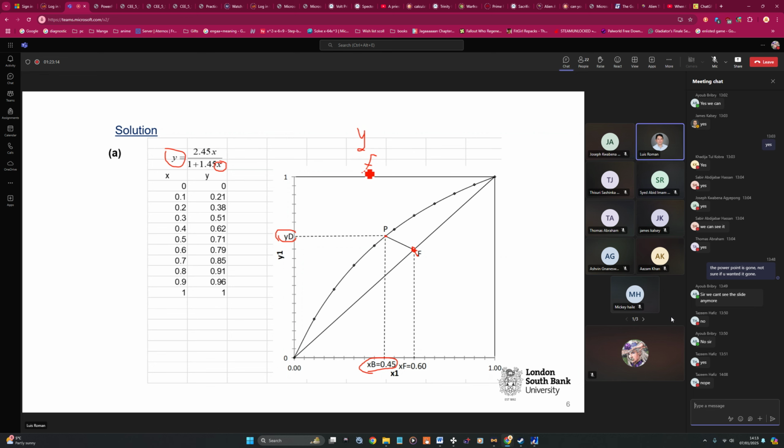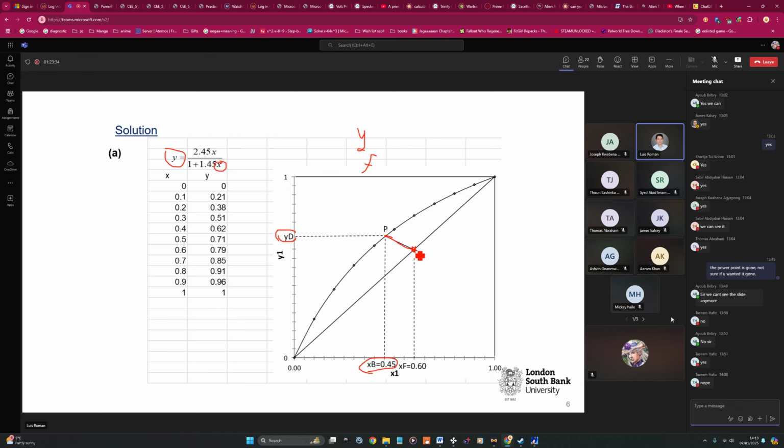So we also need to find f, the fraction that was vaporized. Because we know this point, and we know this other point here, we have this line, which is the operating line for the flash unit.